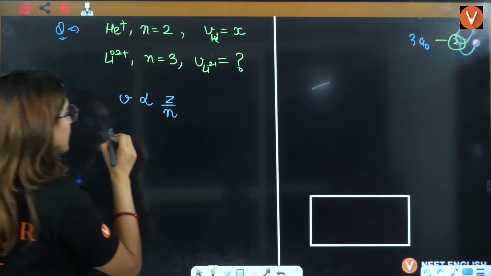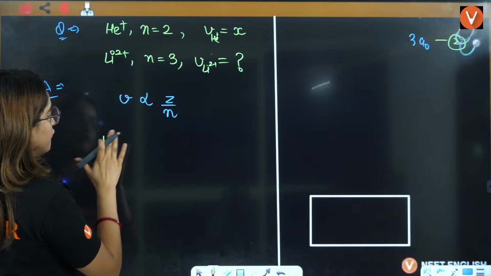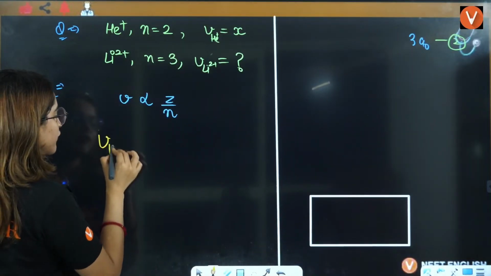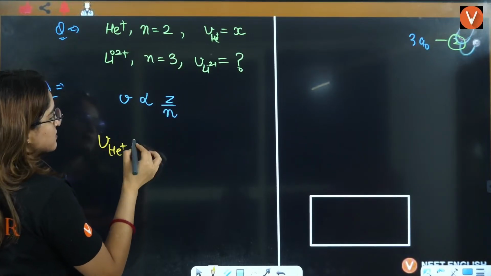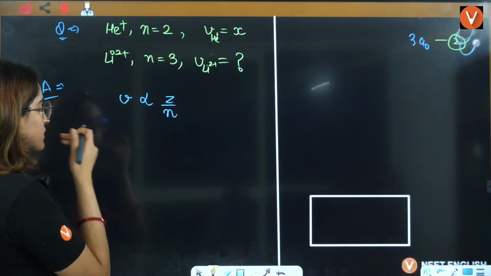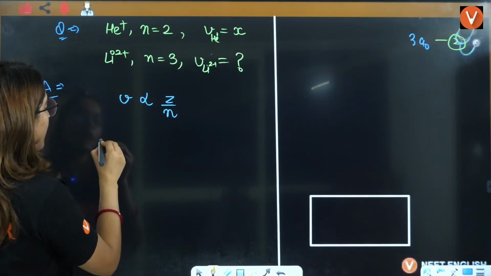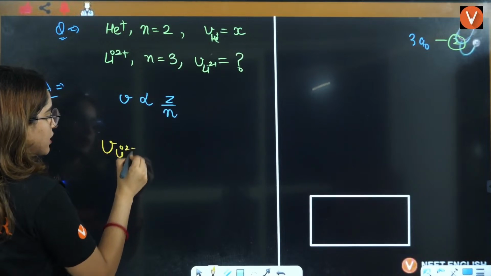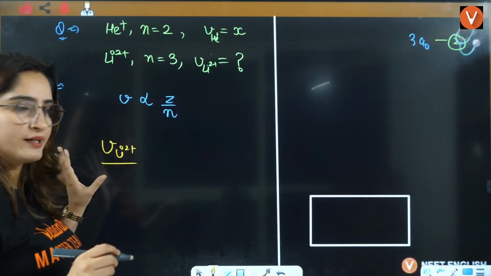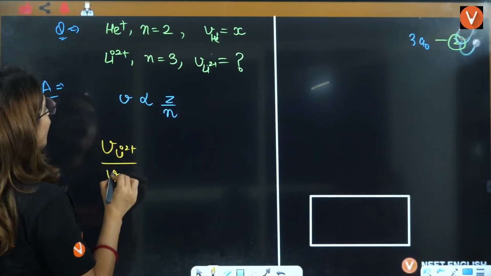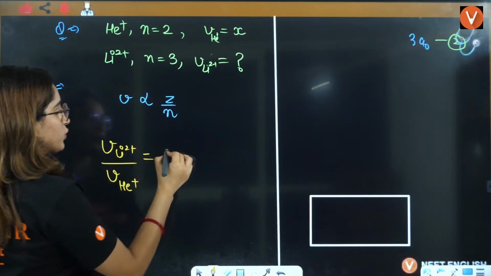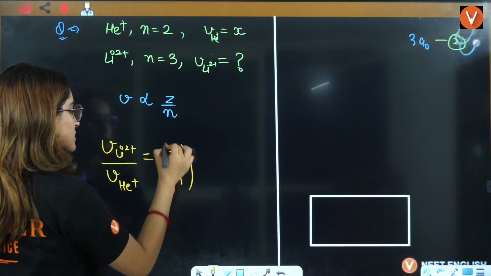So can I say velocity of helium positive is, okay, let's talk about this thing. You can say what we are calculating, velocity of lithium. So what we are calculating will be in the numerator here, right? So velocity of helium positive, right, is equal to Z by n because it is directly proportional.